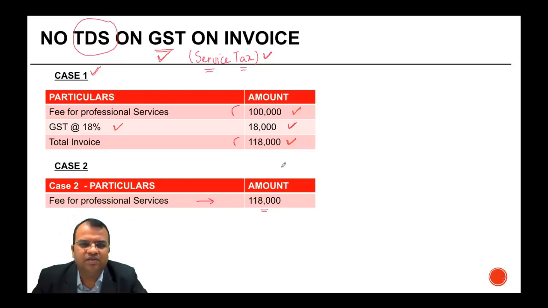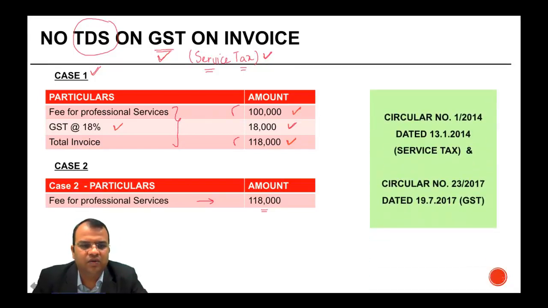In the case where the amount is mentioned separately, there is a circular from CBDT, 1 of 2014, dated 13/1/2014. This was in respect of service tax, and now after GST it has been modified as circular number 23 of 2017, dated 19/7/2017, which mentions that if the amount is separately indicated, the TDS has to be deducted only on the fee for professional services.